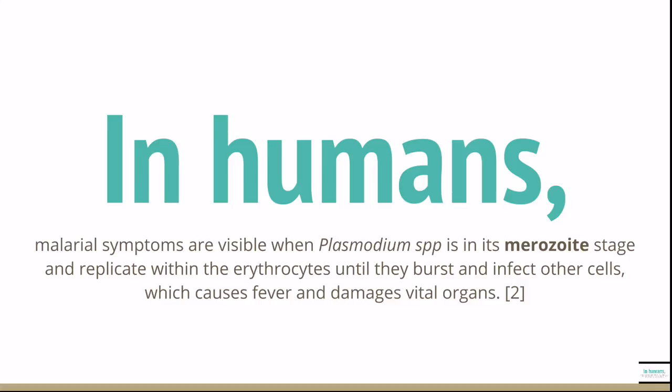During this state, the parasite replicates in red blood cells until the cells lyse, and this lysing allows the parasite to spread and infect other red blood cells, which causes several symptoms.